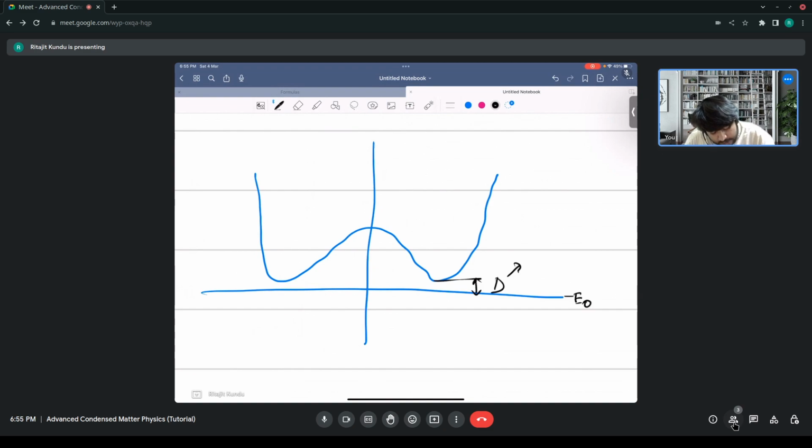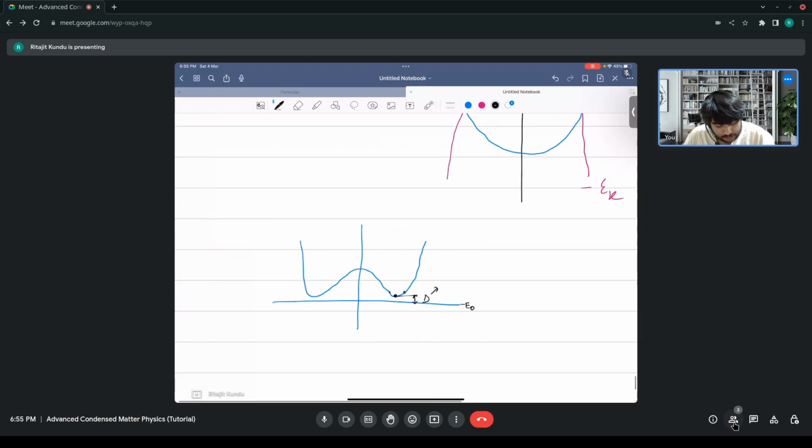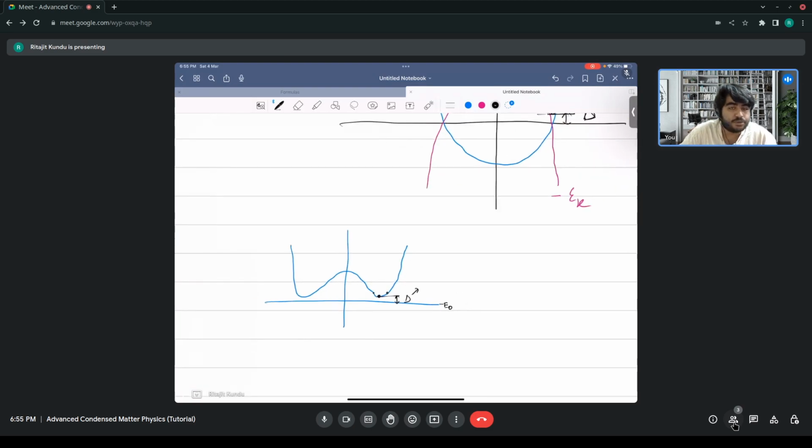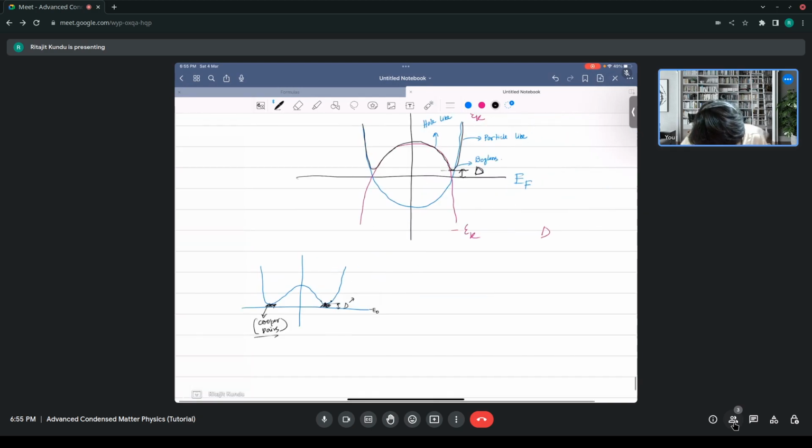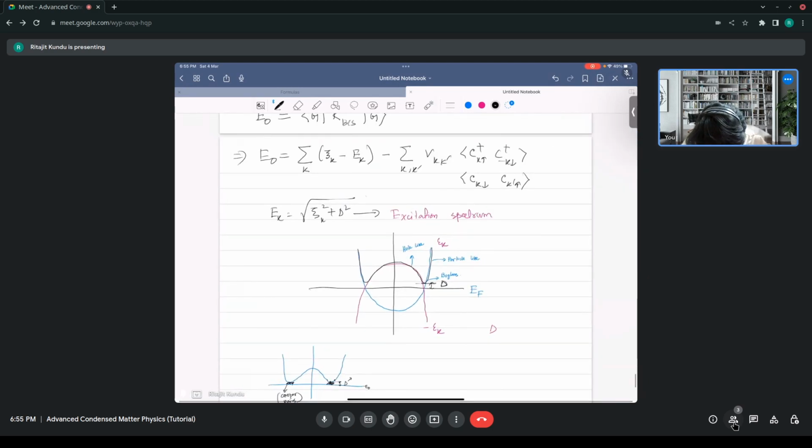Only then will I be able to reach this excitation spectrum, right? So below this gap there is no single particle excitation. Below this gap there are only BCS states, or Cooper pairs.